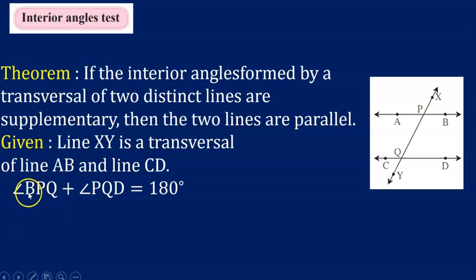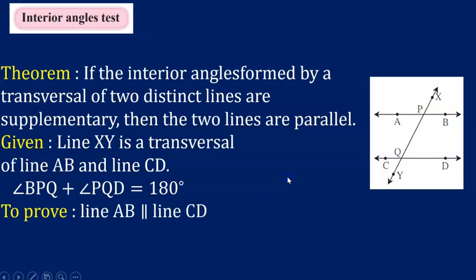Measure of angle BPQ plus measure of angle PQD is equal to 180. To prove that line AB is parallel to line CD. I will prove this.